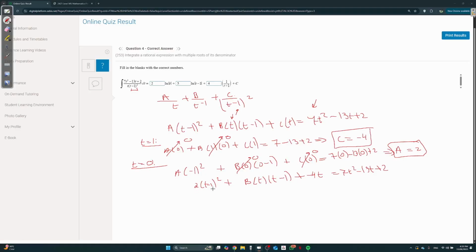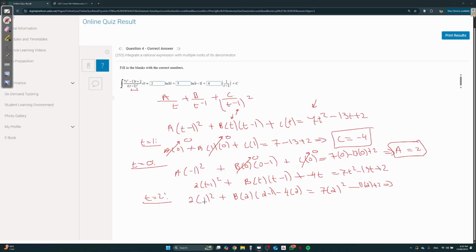Okay, so choosing any value of t, we already chose 1 and 0, but let's just choose 2 as our value of t. So 2 into 2 minus 1 squared, so 1 squared, plus b into 2 times 2 minus 1 plus, oh no, it's minus 4 into 2, right, t equals 2. 4 into 2 equals 7 times 2 squared minus 13 into 2 plus 2.